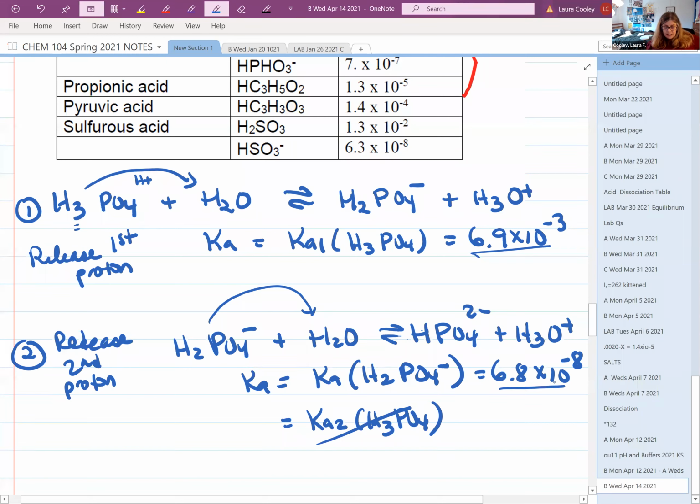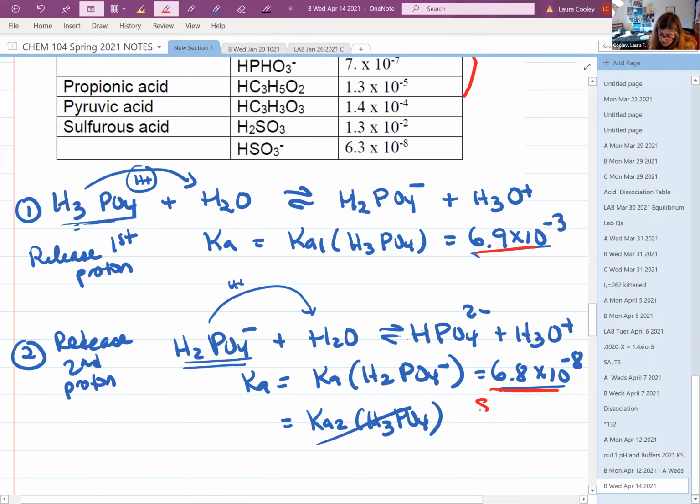And actually, this is what I was just talking about. Here, you're taking a proton away from a neutral compound. Here, you're taking a proton away from a negatively charged compound. It's much harder to do. And that's why this number here is much smaller than this one.